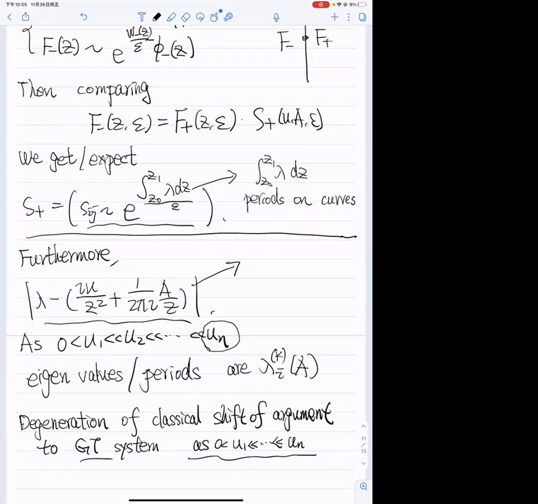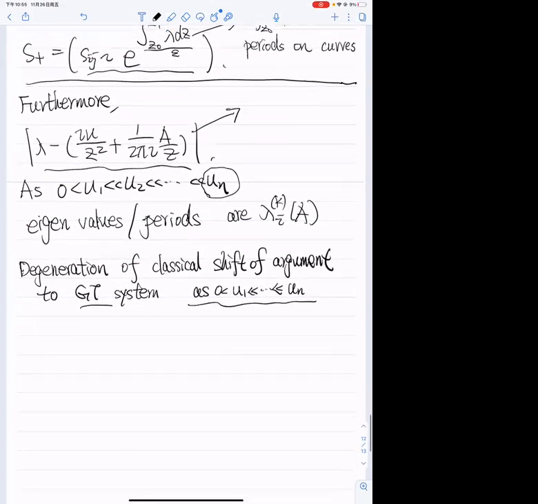This gives an explanation for our theorem.